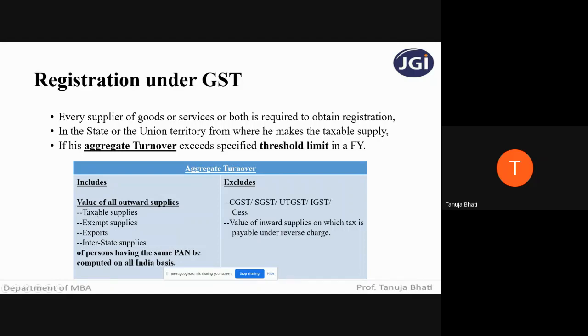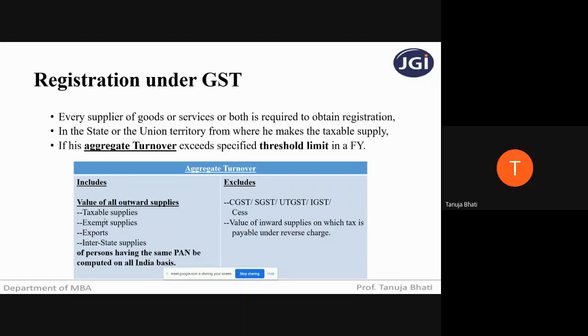Those supplies can be taxable supplies, exempt supplies, exports, or interstate supplies. So what you have to do while calculating the aggregate turnover is take the value or total of all the outward supplies. Suppose I am a supplier and I am providing a taxable supply. When I say taxable, it means it is charged at some GST rate. So suppose I am providing basmati rice, India Gate rice.